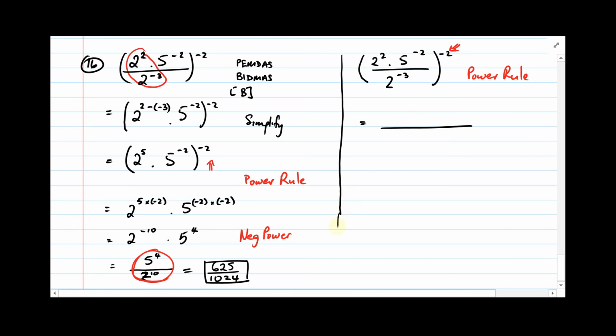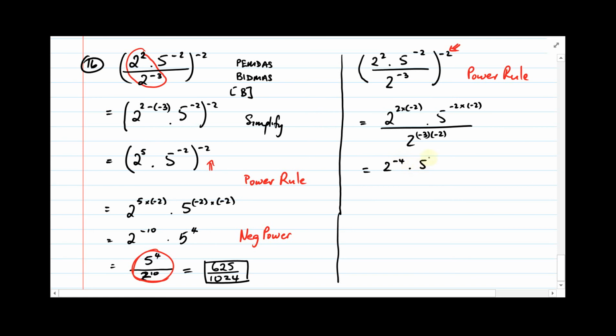Let's see if we get the same answer. We'd have 2 times negative 2, 5 times negative 2, and 2 to the negative 3 times negative 2.